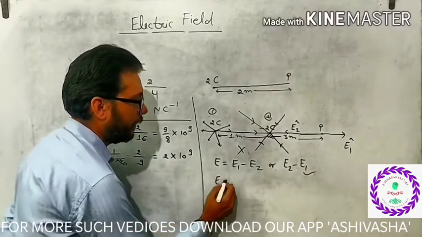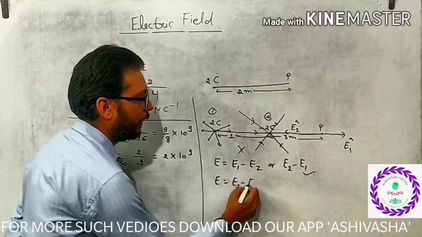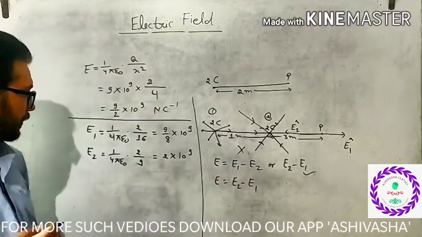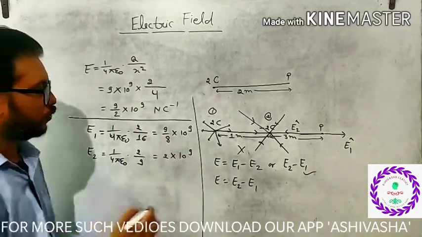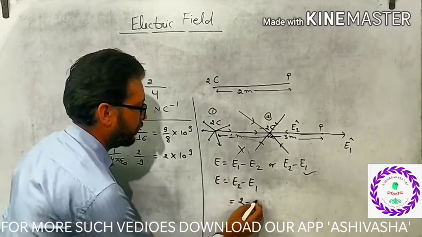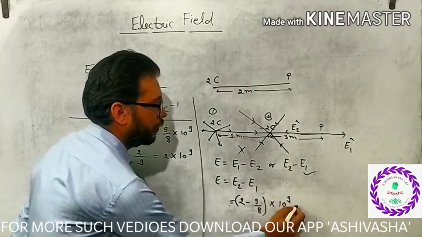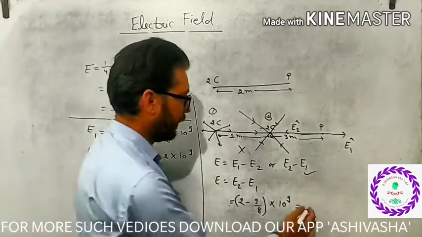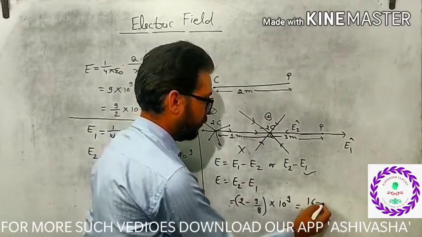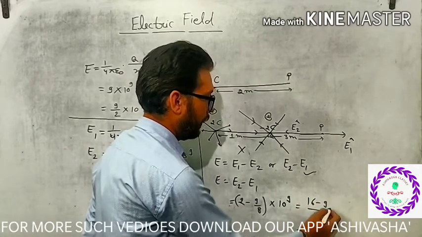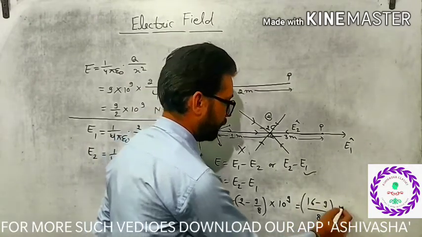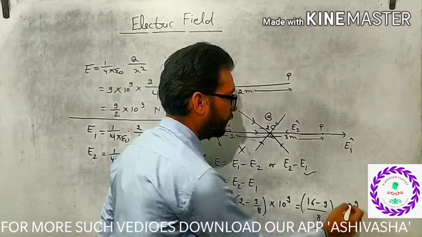So we have E equal E2 minus E1. Now place the values: E2, 2 minus 9 by 8 times 10 to the power 9. So it can be simply written as 16 minus 9 by 8 times 10 to power 9.